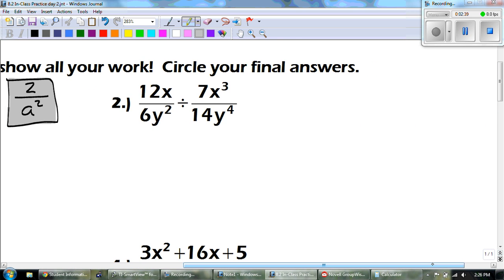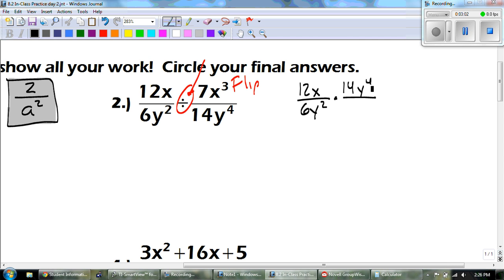All right, number 2. What do you see right away? I see the division, and when I see division, we have to flip because we have to multiply by the reciprocal. So I have 12x over 6y squared times 14y to the 4th and 7x cubed.